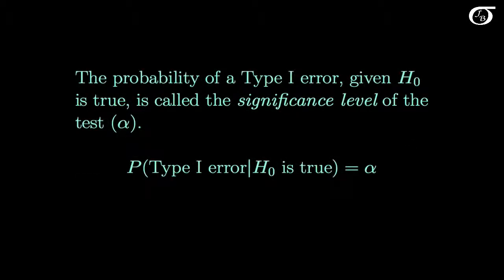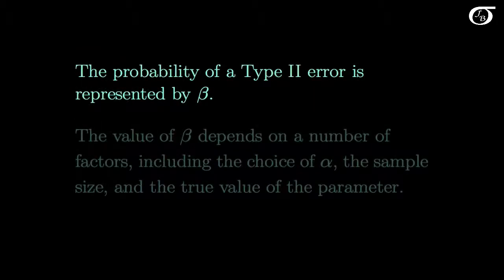The probability of a type 1 error, given the null hypothesis is true, is called the significance level of the test, and it's typically represented by alpha. We get to pick the value of alpha that we feel is appropriate for any given problem. The probability of a type 2 error is represented by beta.